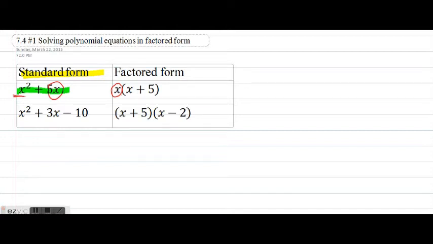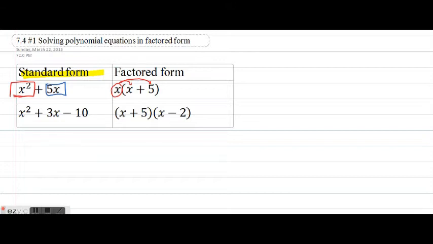So when you multiply this out, x times x gives us x squared back. So we took one of those x's. And then if you distribute this x towards 5, you'll notice that we get our 5x back. Okay?